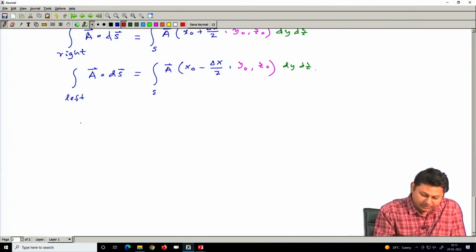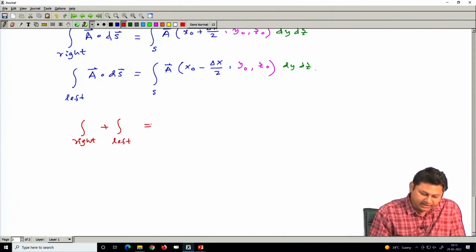So, I calculate the right plus left, and the right hand side is simply this one: integral of A at x 0 plus delta x divided by 2, minus A at x 0 minus delta x divided by 2, and dy dz.